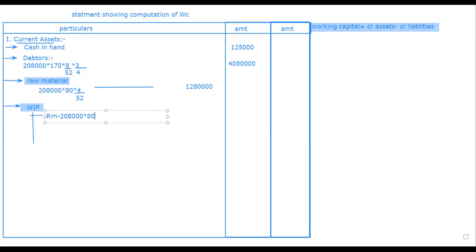For work in progress, what did he say? Half a month. Half a month means 2 weeks, no? So for all the things, it is going to be 2 divided by 52. So our price is going to be 6 lakhs 40,000.